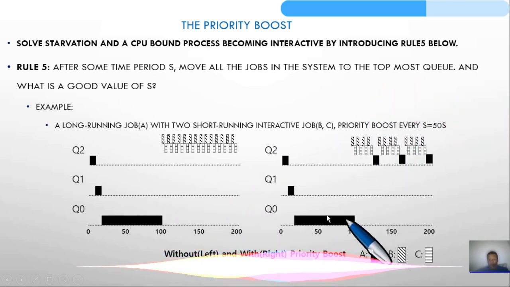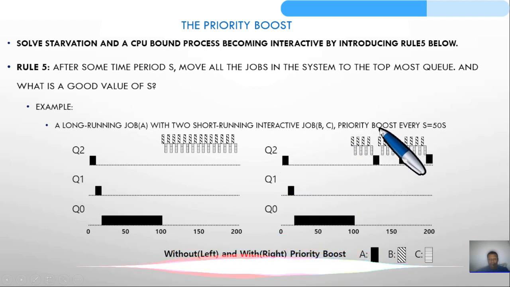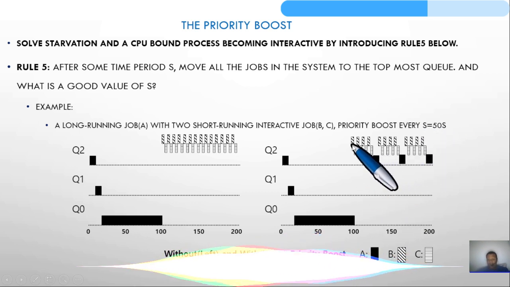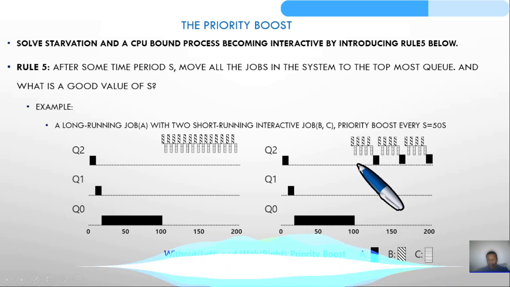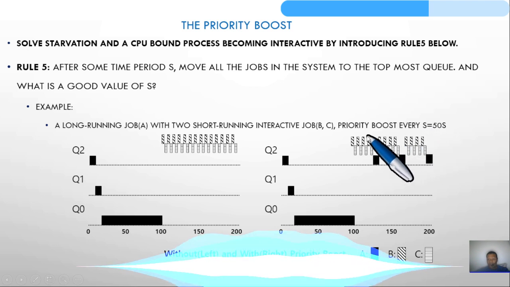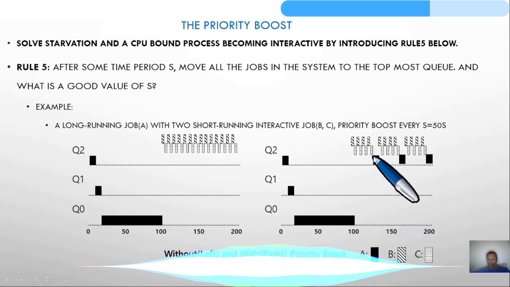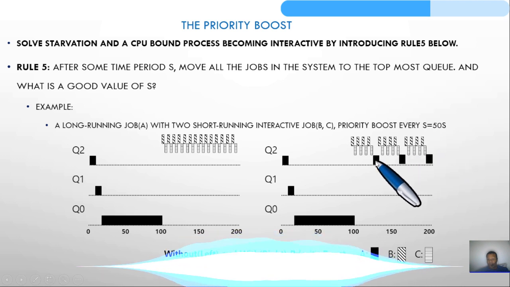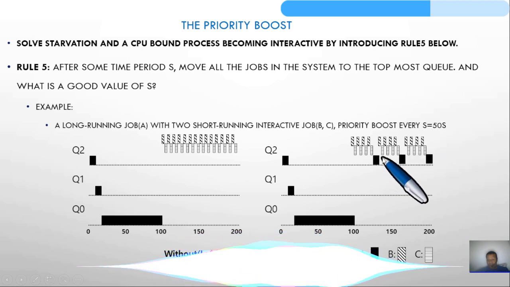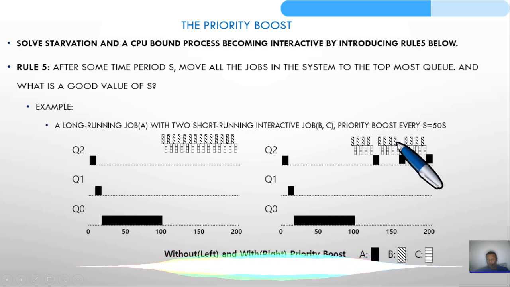But if you apply priority boost, for example, every 50 microseconds, then after B and C run in round robin fashion, at the end of 50 seconds the process in the lower queue will get a chance. Then after 50 seconds, the interactive ones will take over. Then after that, the lower one will get it again.